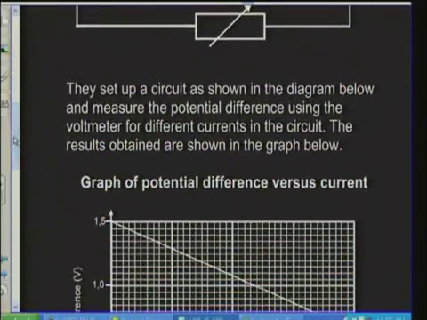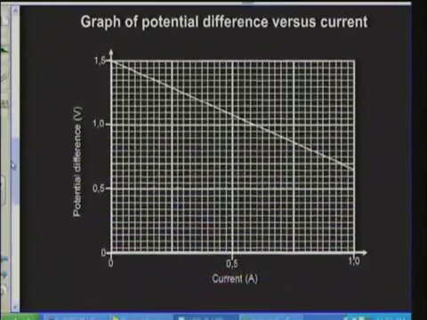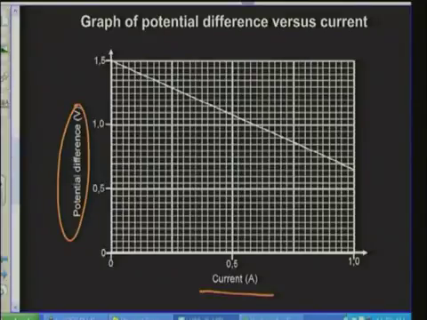They set up a circuit as shown in the diagram below, but for our diagram is the diagram above there, okay, as you see it, and measure the potential difference using the voltmeter for different currents in the circuit. The results as obtained are shown in the graph below. So they graphed their results like that, okay? So you can see it's a graph of potential difference versus current.